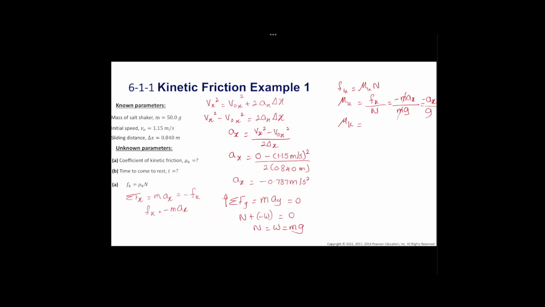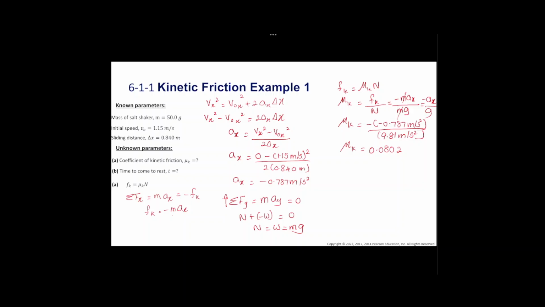We found acceleration is negative 0.787 meters per second squared, and the gravity value is 9.81 meters per second squared. Therefore, the coefficient of kinetic friction is 0.0802, and the units cancel, so there are no units because it's a constant. There are no units for the value.